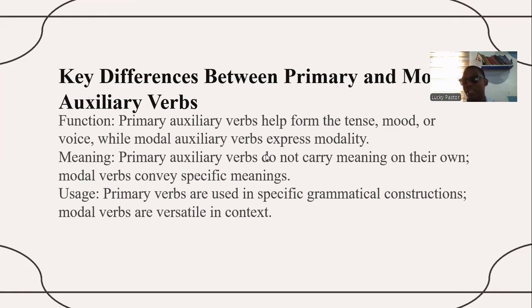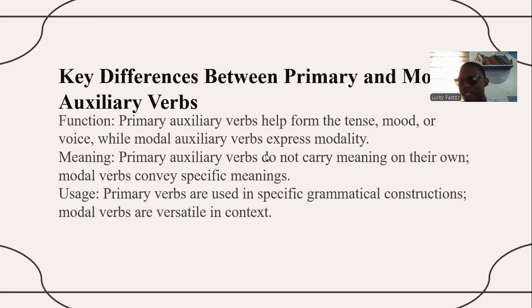When you use is, was, have, had, do, does, you can express the mood, the tense, and of course the voice of a particular action. But modal auxiliary verbs, like we have discussed earlier, express the modality in terms of permission, possibility, ability, necessity, obligation, right?